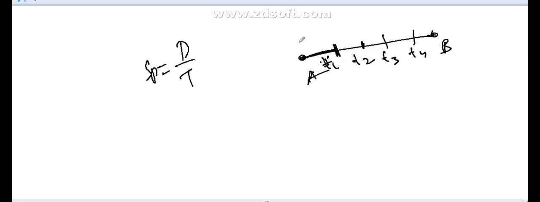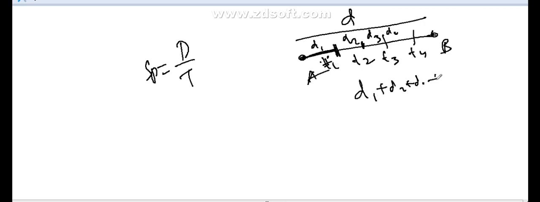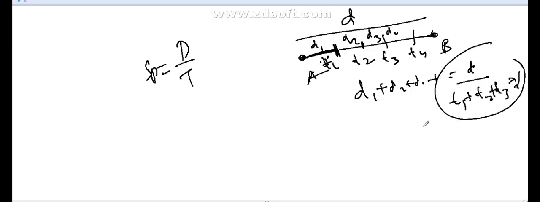Let's say the total is D, with D1, D2, D3, D4. So it will be D1 plus D2 plus D3 plus D4, which is D, divided by T1 plus T2 plus T3 plus T4. Total distance traveled by total time. The total distance is D, but the time is different, so you are adding up the time.